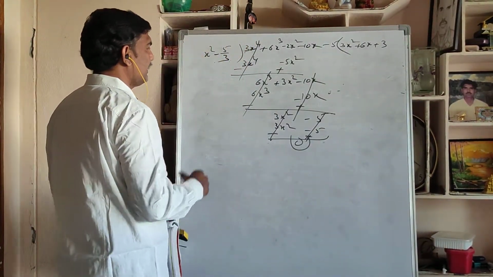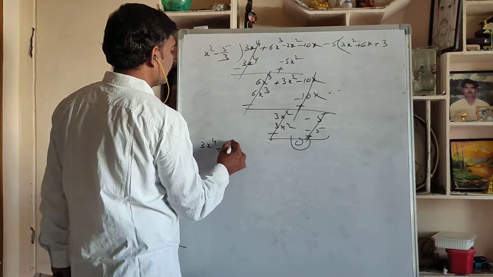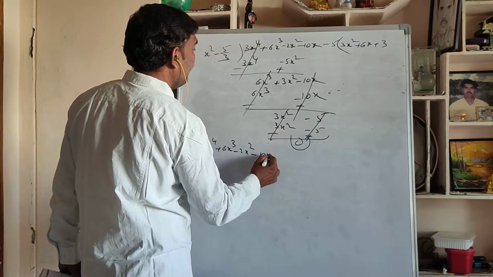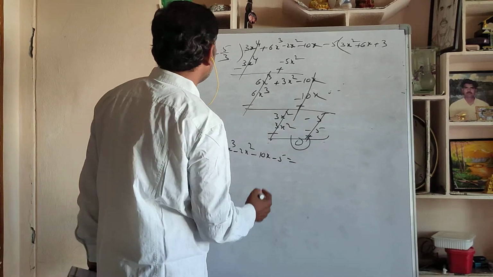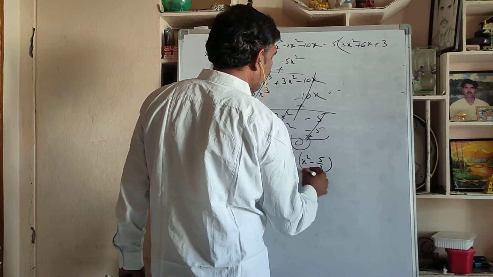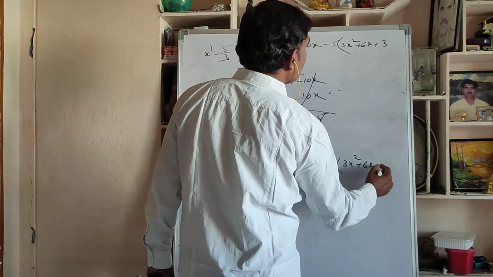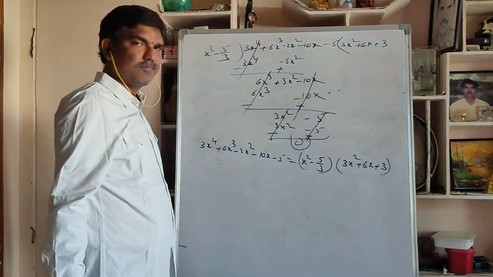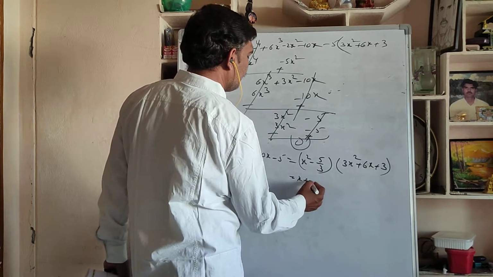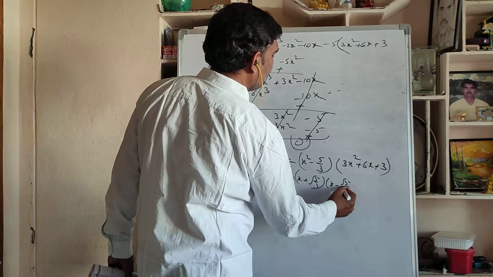This 3x^4 + 6x^3 - 2x^2 - 10x - 5 we can write as (x^2 - 5/3) into (3x^2 + 6x + 3). Its factors are already written: x plus root 5 by 3 is one, x minus root 5 by 3 is one.